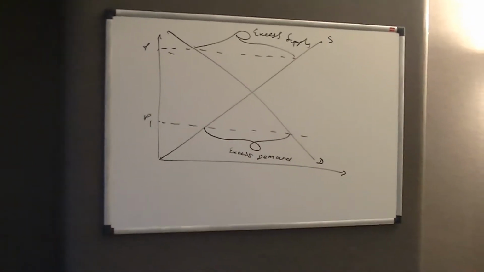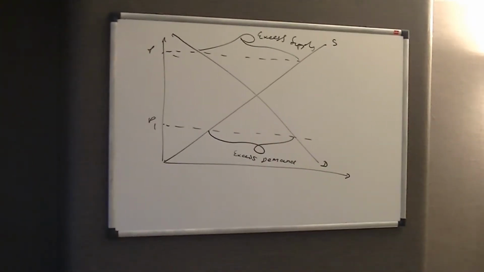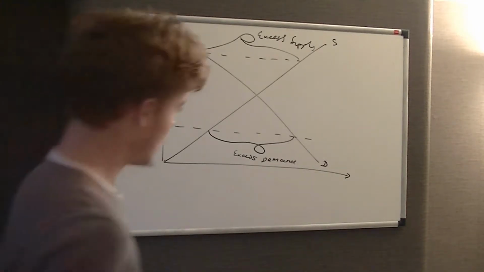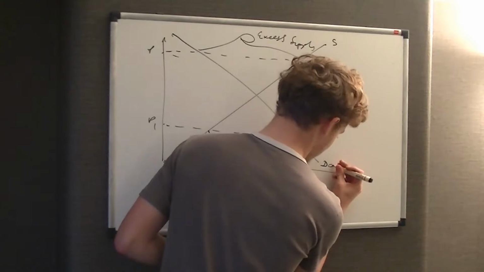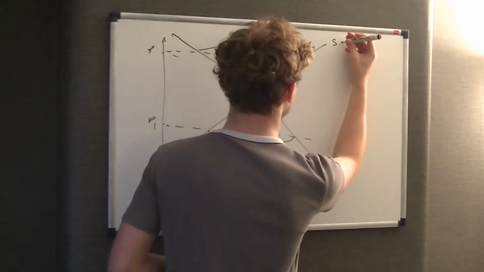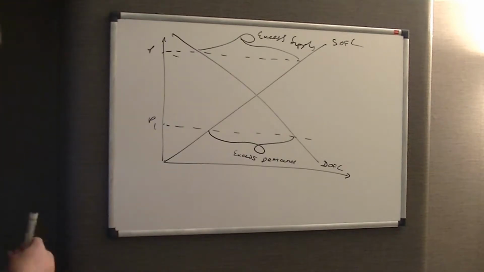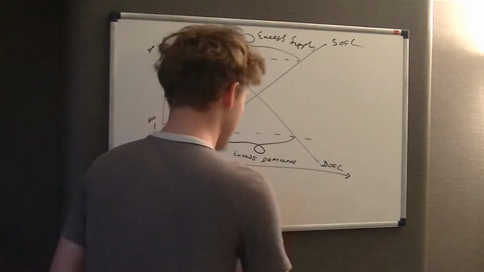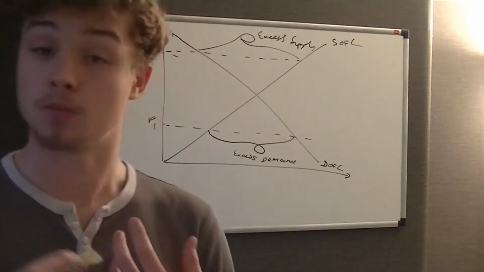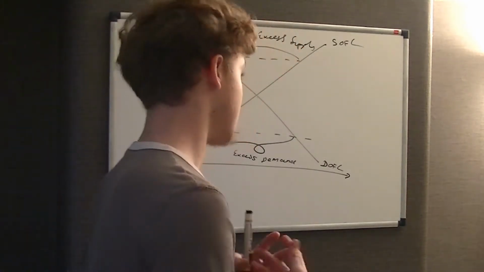Now, if we relate that diagram to the topic that we're currently looking at, which is in terms of labour, then obviously this was demand of labour and supply of labour, because we're looking at the labour market, don't forget. So this isn't just excess demand or excess supply of any good. We're actually looking at this in the context of labour.